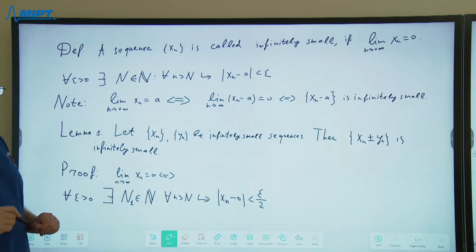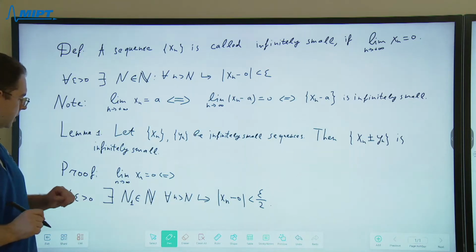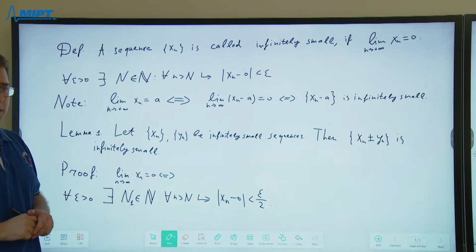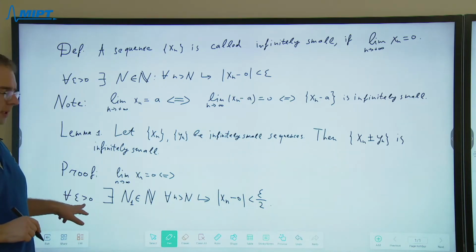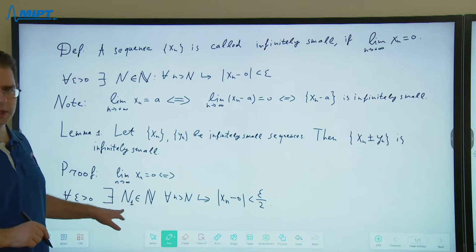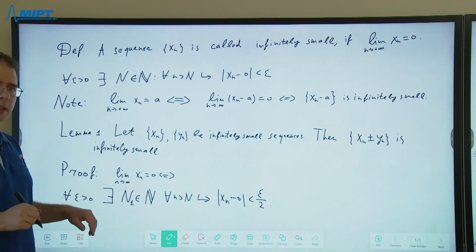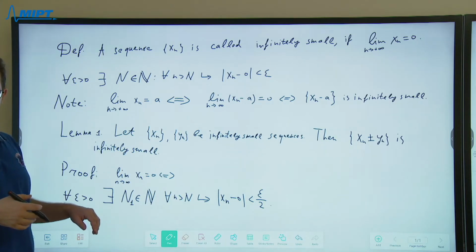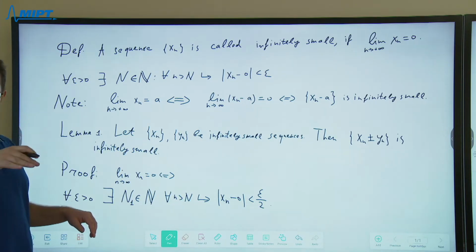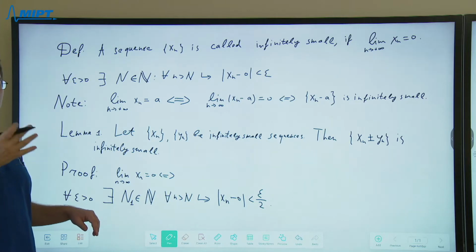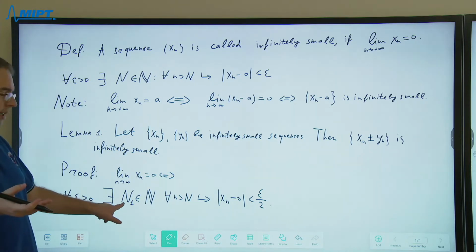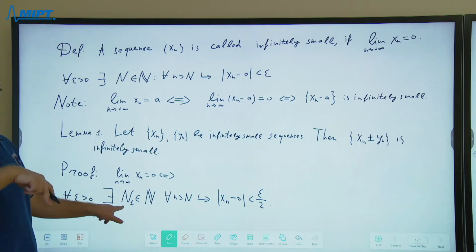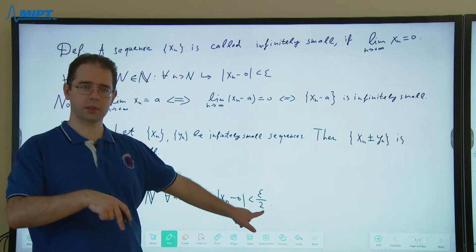Let me explain how this is correct. Look, for any positive epsilon, there exists a capital N and so on. And if you give me any positive epsilon, I can take half of this number. This will also be a positive number. I will find capital N corresponding to this half of epsilon, and then I will have this inequality.